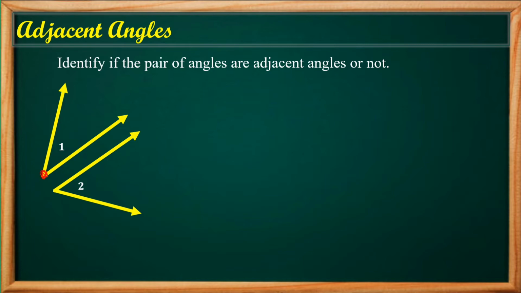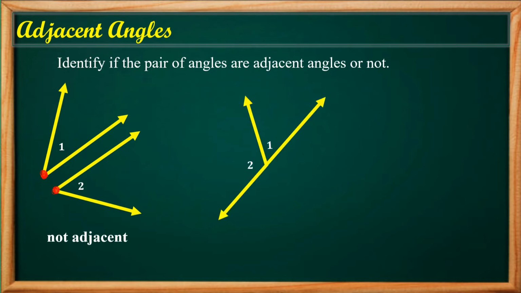Then, how about for the angle 2? This is the vertex of angle 2. Common ba ang kanilang vertex? Hindi. Magkakaiba yung vertex nila. Since sa first condition pa lang, hindi na meet yung definition or condition ni adjacent angle, therefore, they are not adjacent.